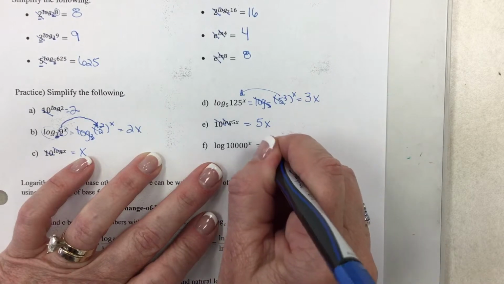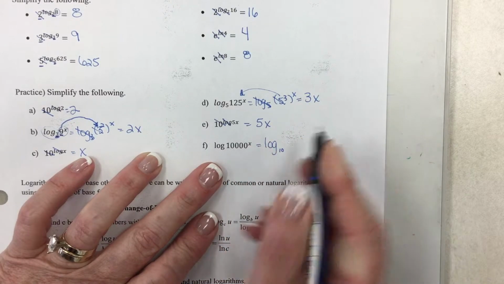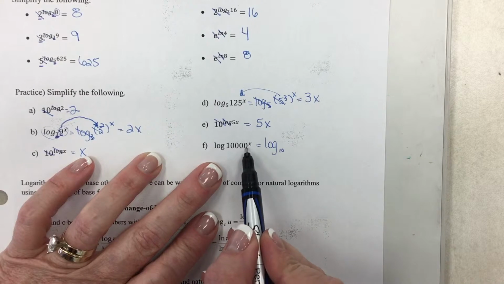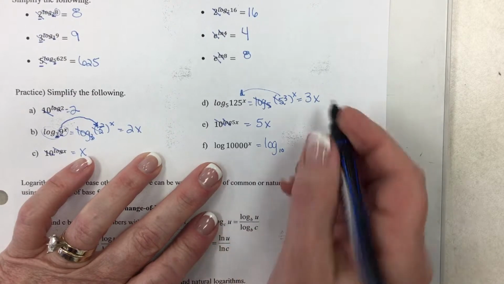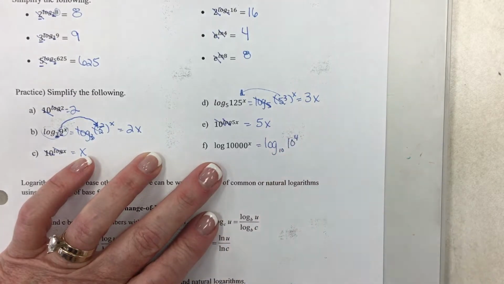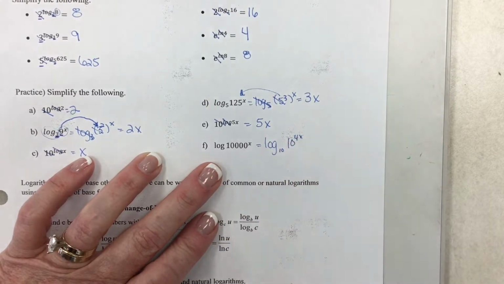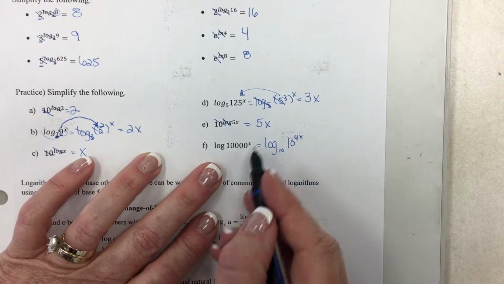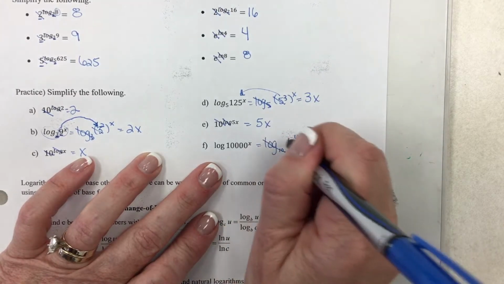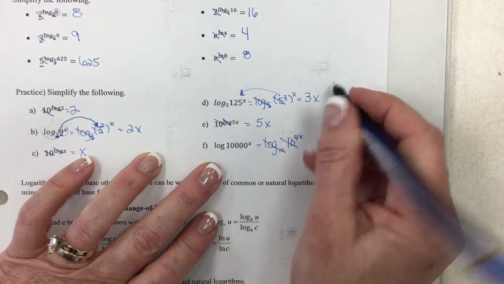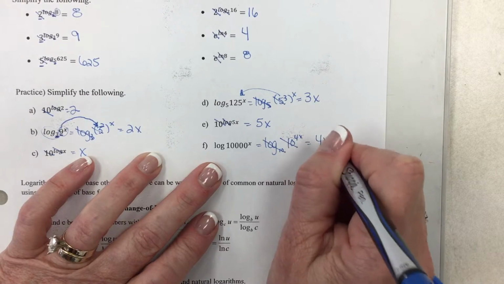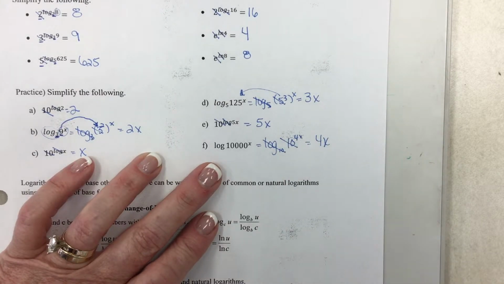Quick math: if you count your zeros, how many zeros do I have? 4. That's the exponent with a base of 10, always, as long as it's all zeros. And I keep the x. So the log and the base of the exponent cancel out, and I'm left with 4x.